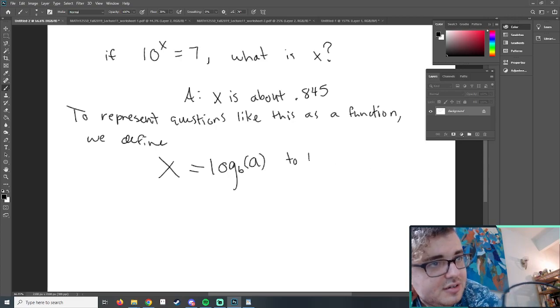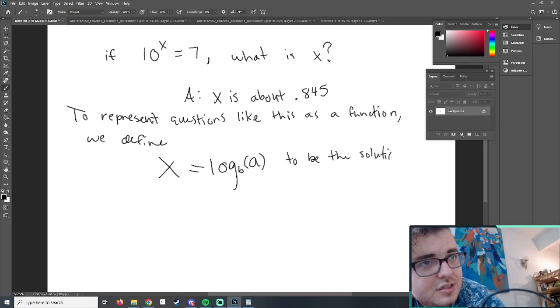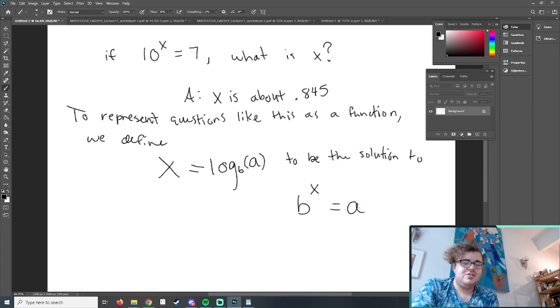To be the solution to b to the x equals a. So what we're saying here is we're defining a function called a logarithm, which we abbreviate as log, L-O-G.